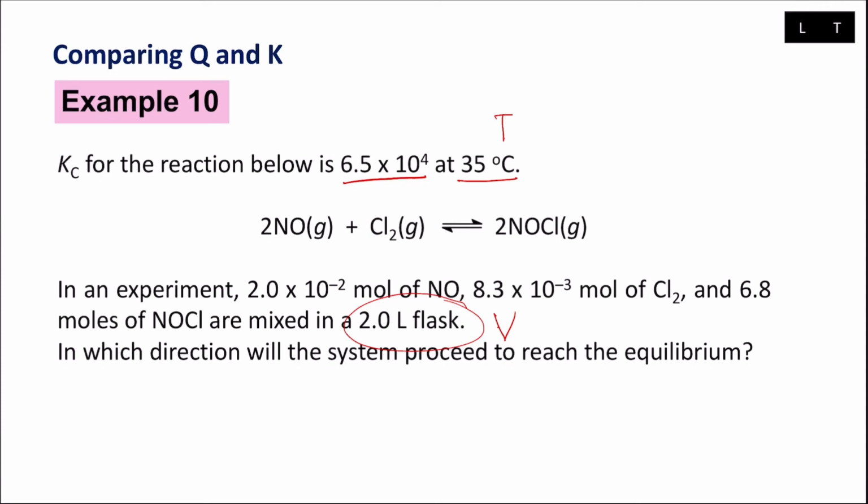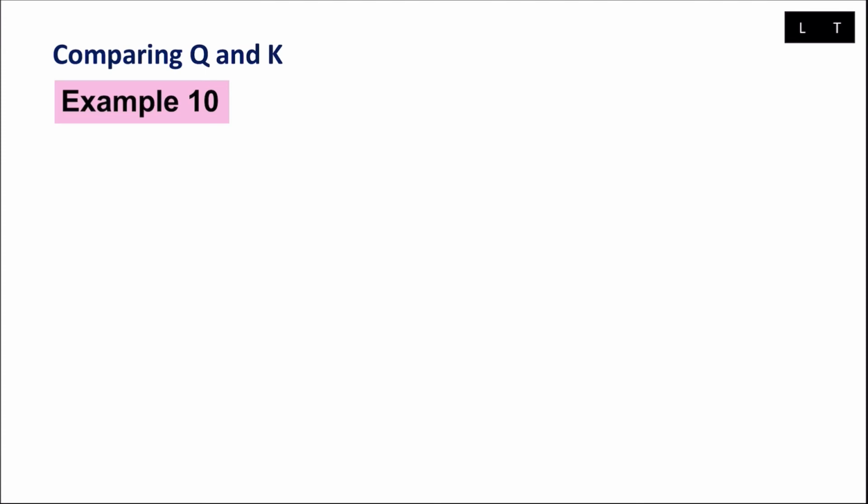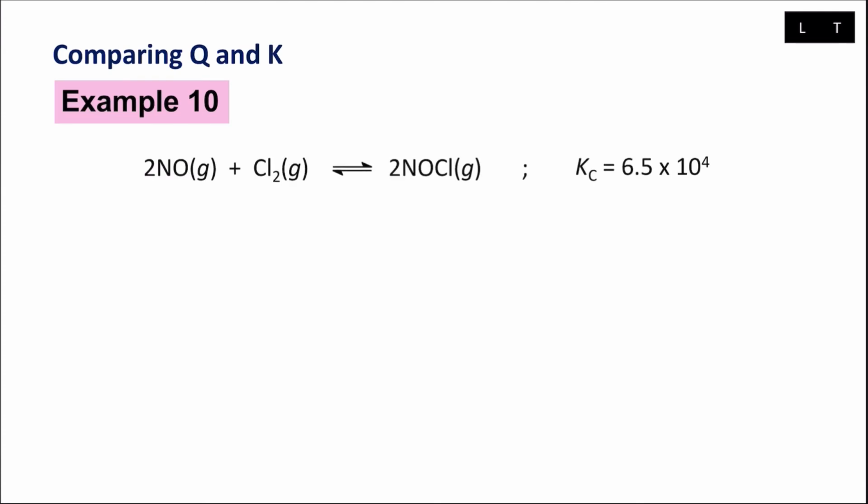So bila ada perkataan dia minta untuk tentukan which direction, awak kena faham kita akan compare value Q dan K. So when we want to compare, lihat dulu equation yang dia beri, which is reversible reaction. Tulis nilai untuk Kc. So awak dapat nilai Kc daripada soalan.